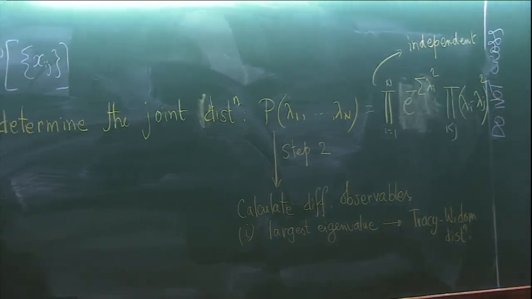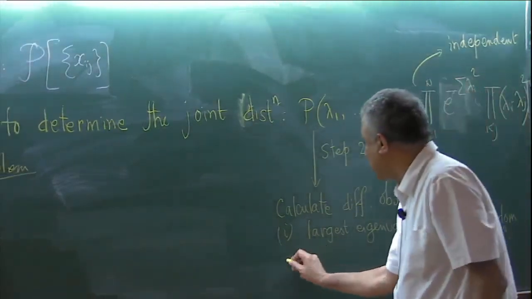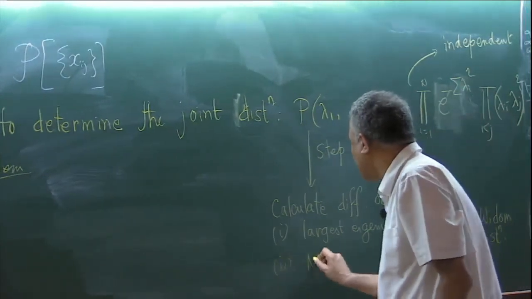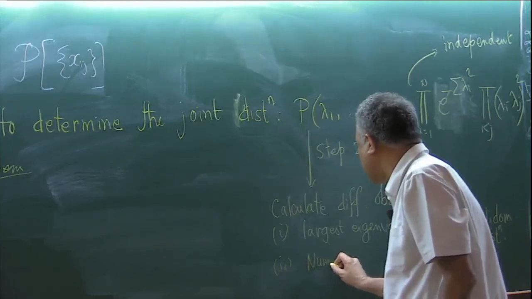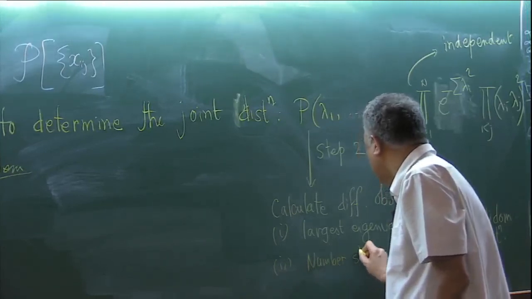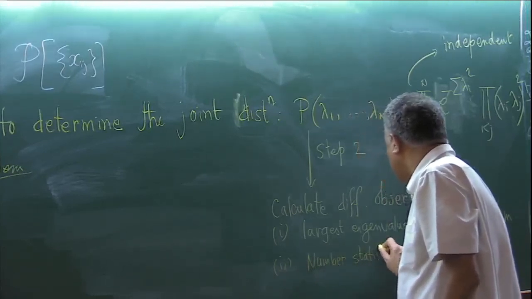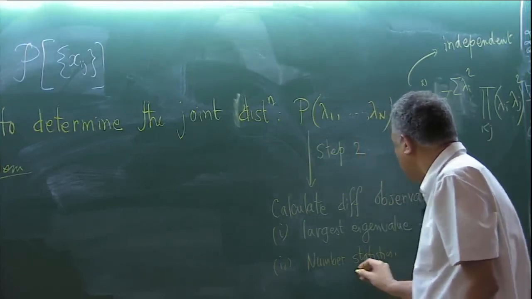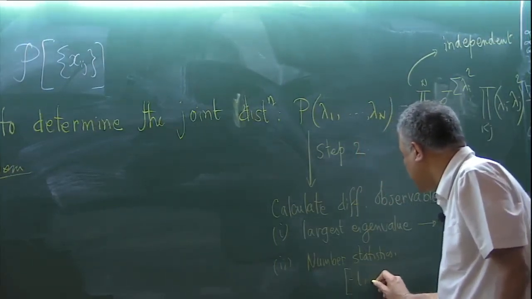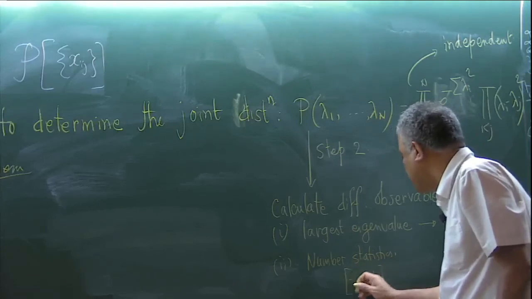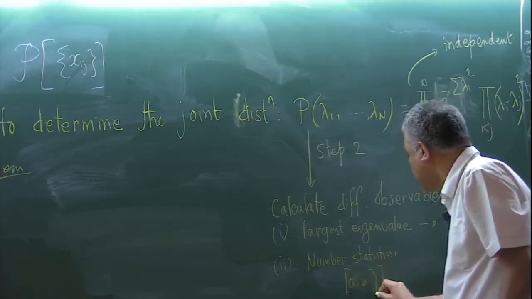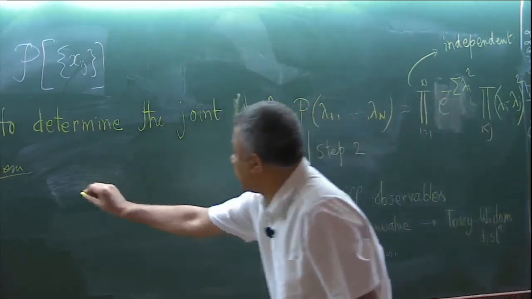Then you can ask about the number variance, or how many eigenvalues are there? Number statistics, full counting statistics. Number statistics means that suppose I take an interval minus L to plus L, or any interval if you like, let's say A to B. If the eigenvalues are real, they are lying on a line, right?